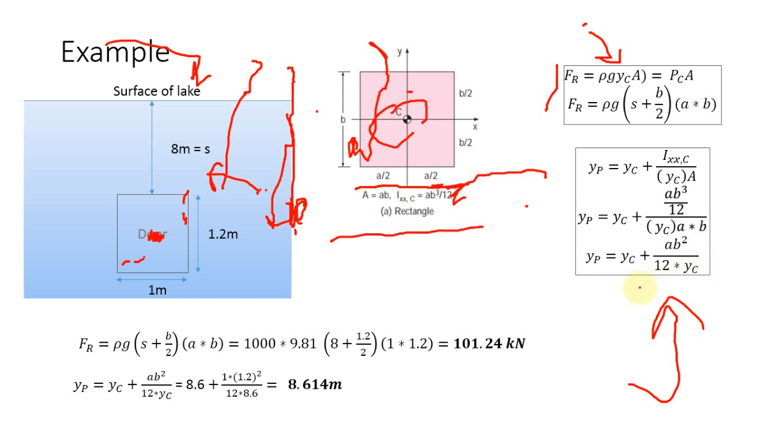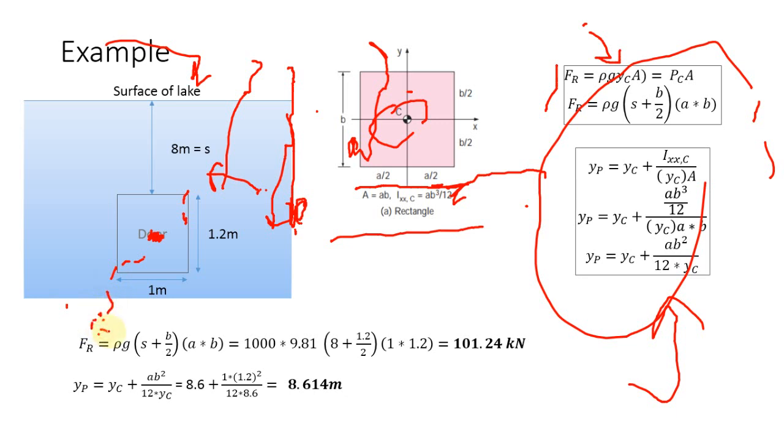So this is for this specific case. What remains is substituting the values. Our resultant force: the density of water, let's assume it to be 1000, of course this is fresh water, and since the gravitational acceleration is 9.81, and you have s equal to 8 plus 1.2 over 2, then the area is 1 times 1.2.